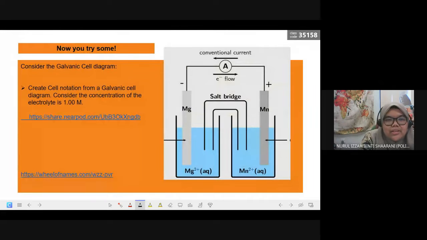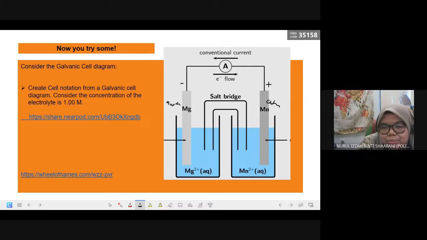Untuk yang ini kalau kita tengok, kadang-kadang student tak nampak that hint. Let's see, dia tak nyatakan siapa anode, siapa cathode. Dia tak ada label anode, cathode kat sini.